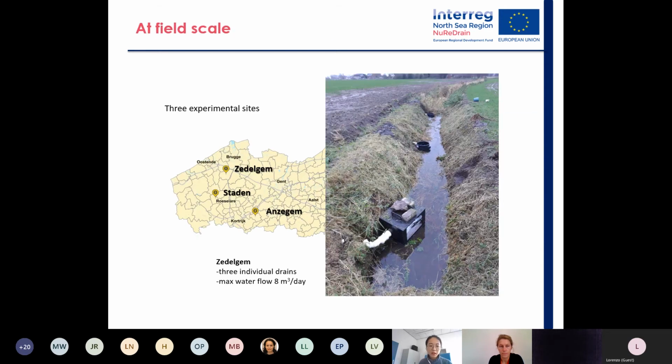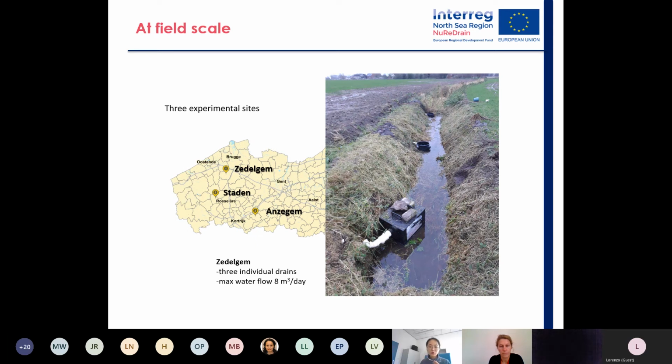Next step, together with our colleagues from INAHRO, we carried out field experiments to check the P removal filter performance in the field. We evaluated the filter in 3 different experimental sites in Belgium: Zelderhem, Staten, and Enzerhem.